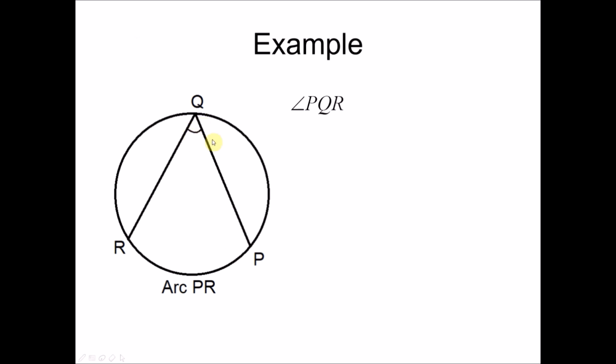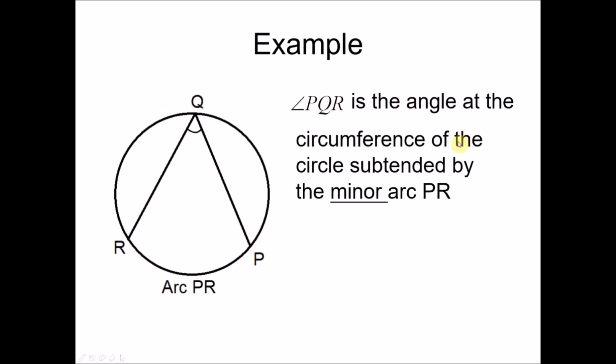So this angle here is called angle PQR. And this line from point P to point R, we call this minor arc PR. So angle PQR is the angle at the circumference of the circle subtended by the minor arc PR. This is how we describe angles at the circumference.